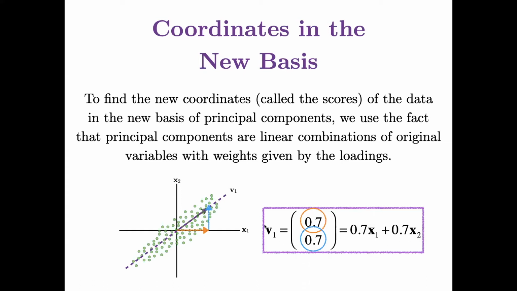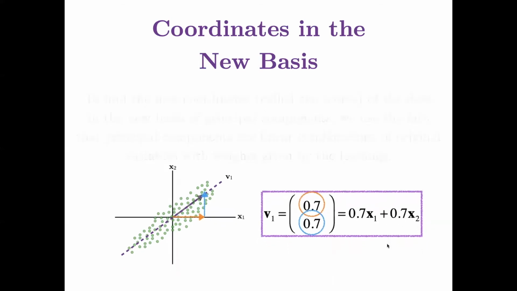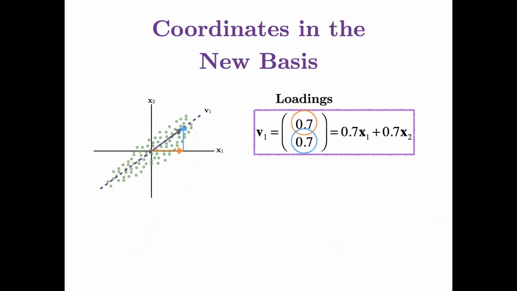So the new column of data, which would be the scores, which again, is hard to understand because I'm kind of insinuating that V1 is two things. V1 is the vector of loadings, but the vector of scores is the linear combination of the two columns from the spreadsheet. So let's visualize that here.